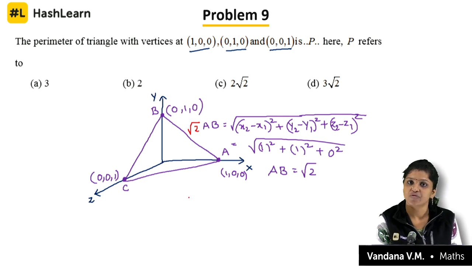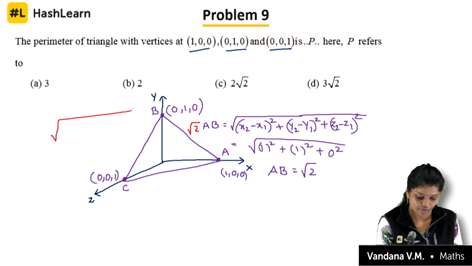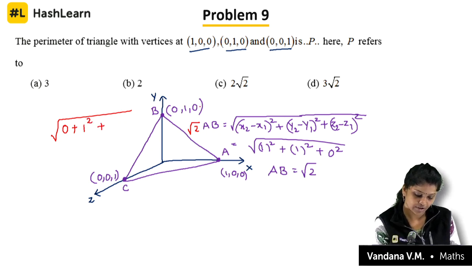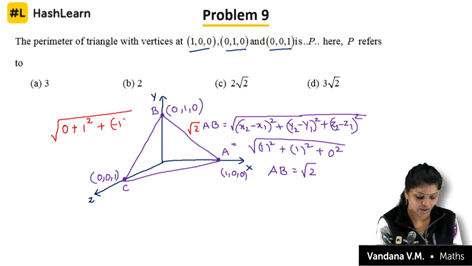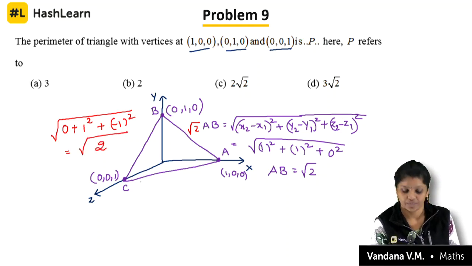In the same way, you find out the distance between B and C. Square root of, apply directly 0 minus 0, 0 plus 1 minus 0, 1 square plus 0 minus 1 whole square. So, once again I will get root 2 here also. Same thing here also, you just apply 1 square plus 0 square plus 1 square.